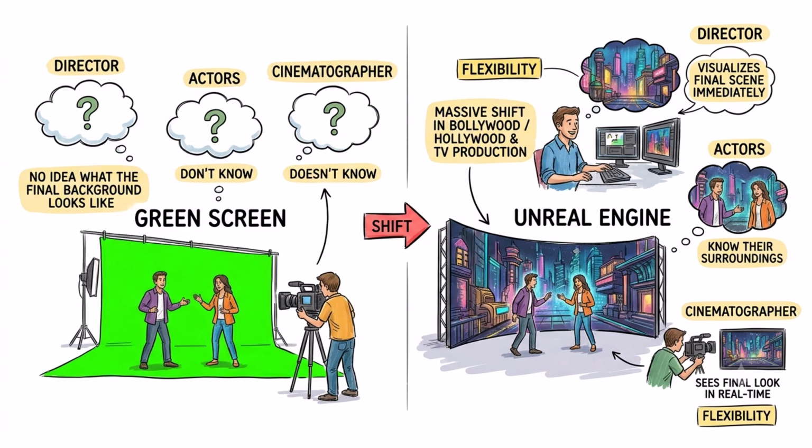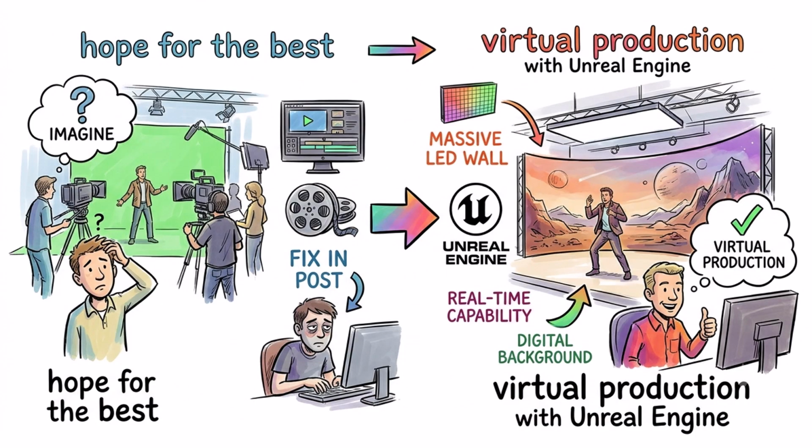Think about flexibility. If you're a director on a set filming an actor against a giant green screen, you have no idea what the final background actually looks like. The actors don't know, the cinematographer doesn't know. You have to imagine it and just hope for the best. Fix it in post.